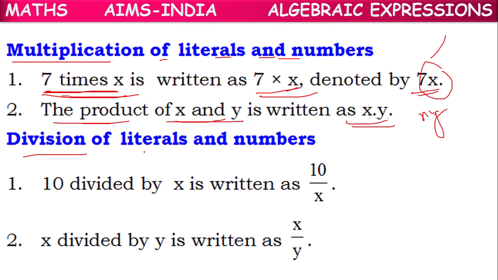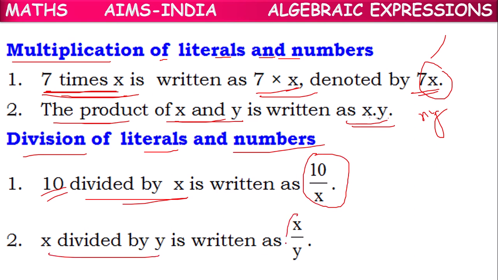So division of literals and numbers. 10 divided by x, 10 by x. X divided by y, x by y. Like this we can write the combination of literals and numbers using the same mathematical rules of numbers.